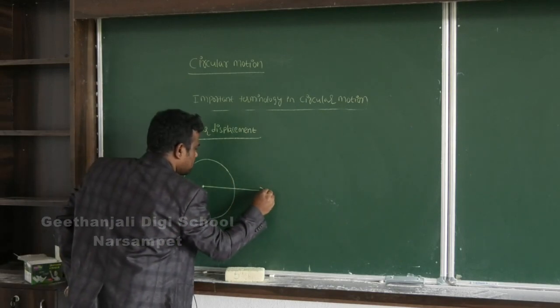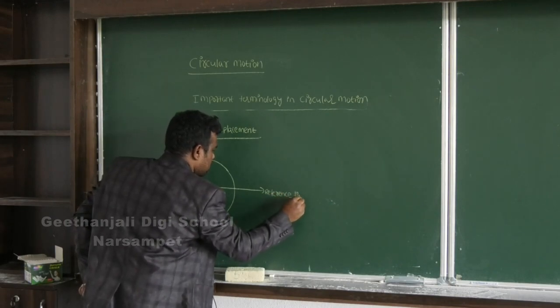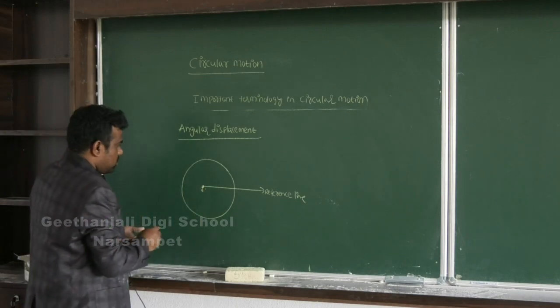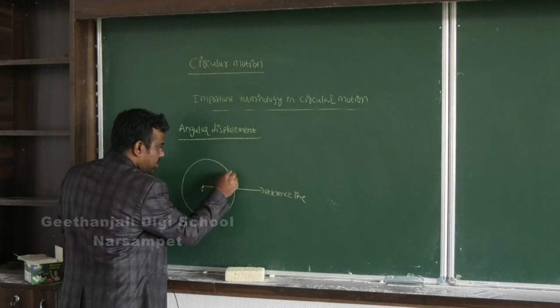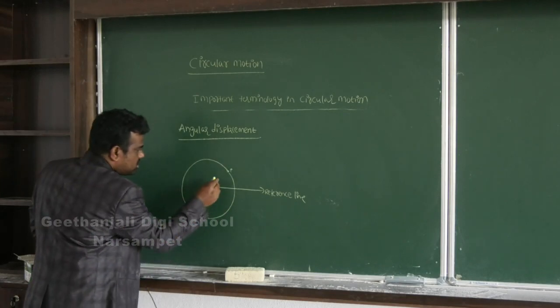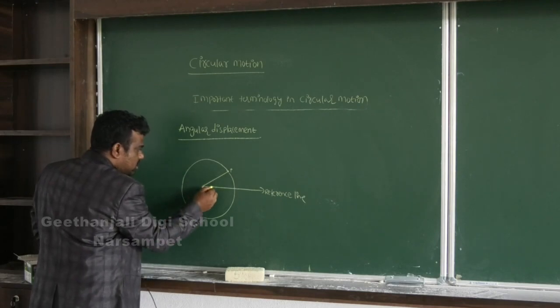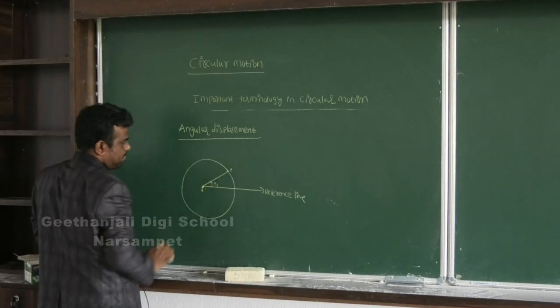Now let us call this the reference line. This is called origin. Right. At a particular instant of time, P is the position of the particle. Let us draw the position vector of P like this. Now this is called angular position of the particle P.